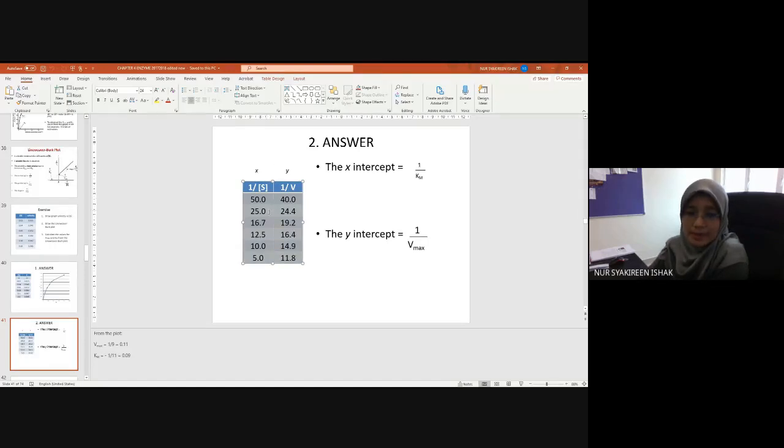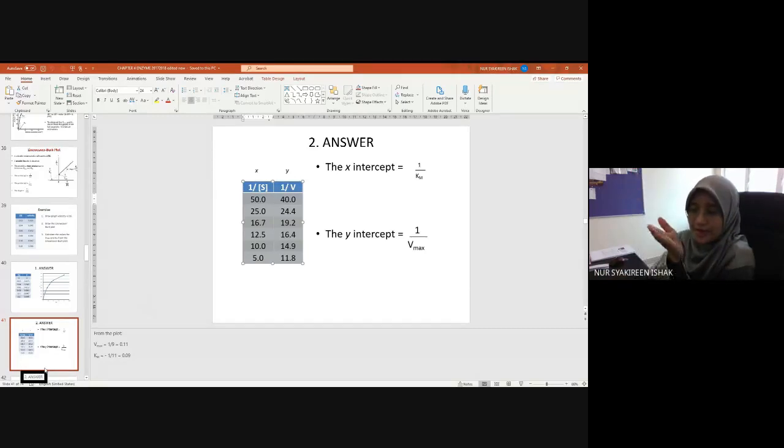Okay, so when it gives you a bigger value, bila awak plot graph tu awak akan dapat a straight line yang akan rentas paksi Y dengan paksi X. Tapi paksi X tu dia akan masuk ke region yang negatif. Tapi bila nak cari Km value tu, Km value is substrate concentration, you cannot give the substrate concentration as a negative value. Faham?